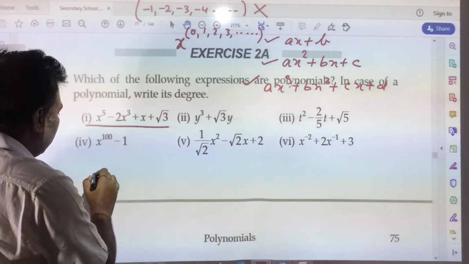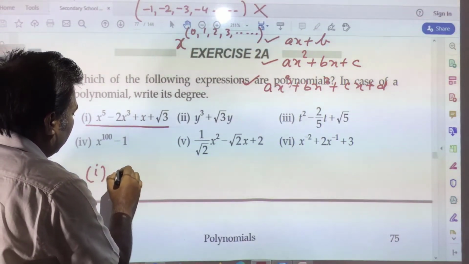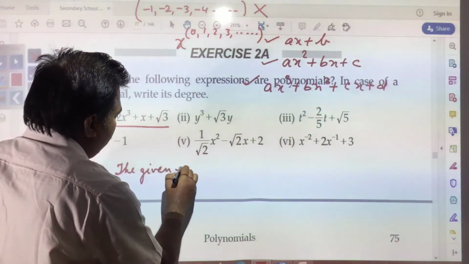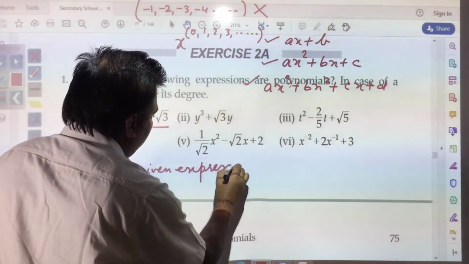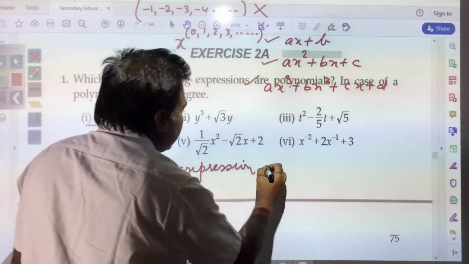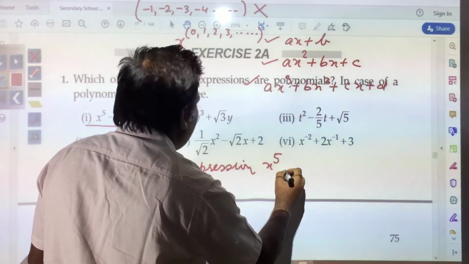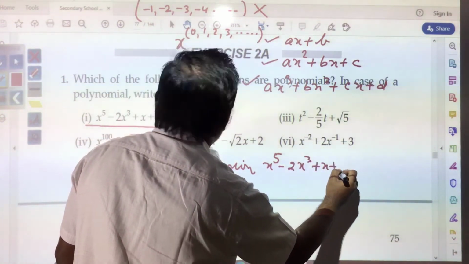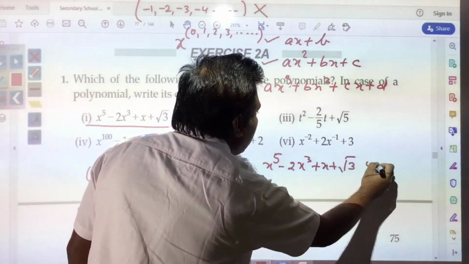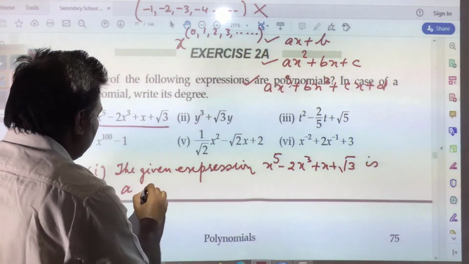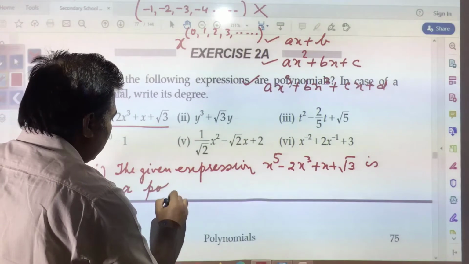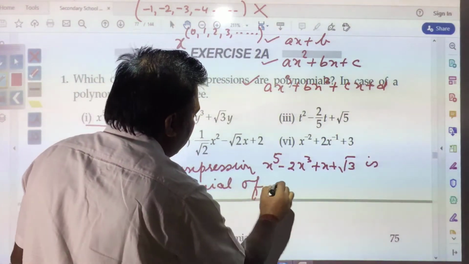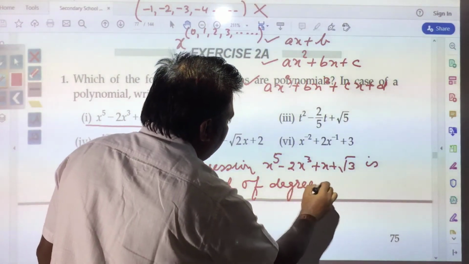You will write: the given expression x to the power 5 minus 2 x cube plus x plus root 3 is a polynomial of degree 5.